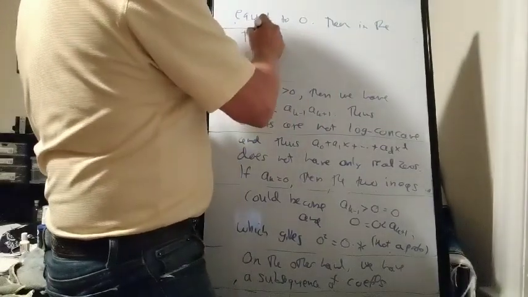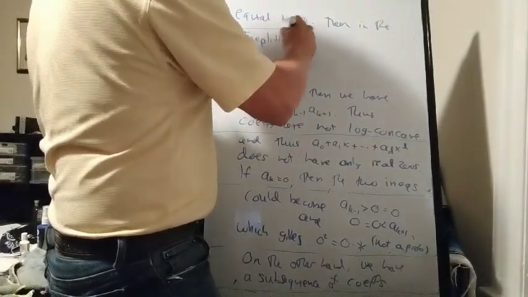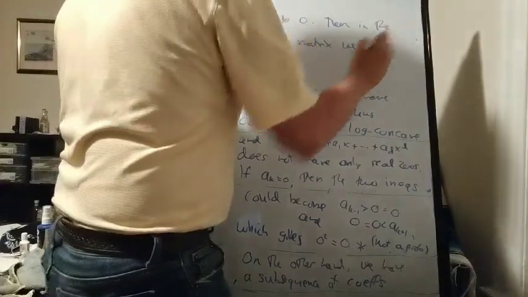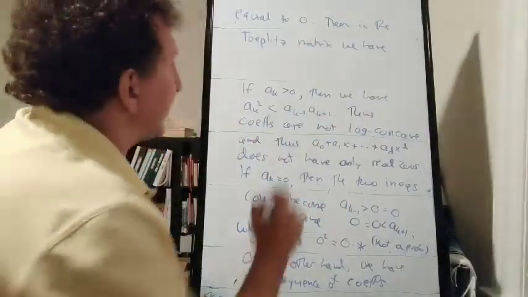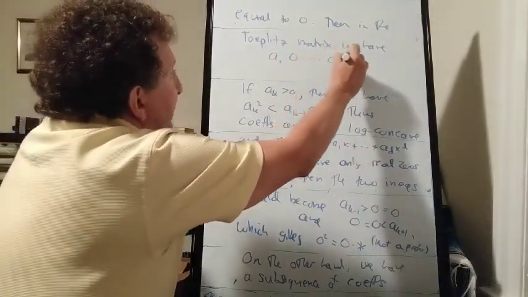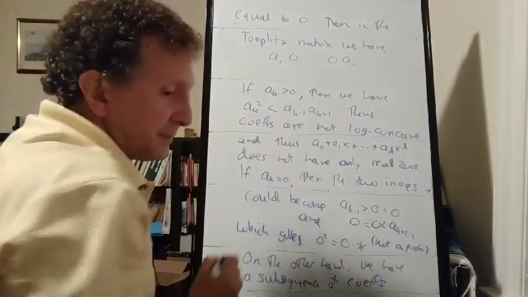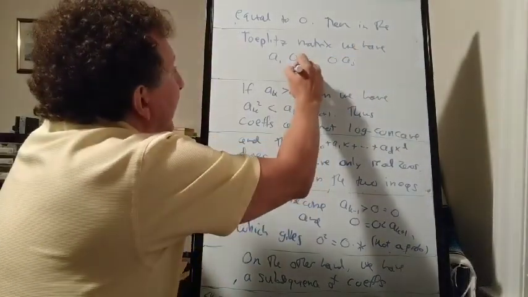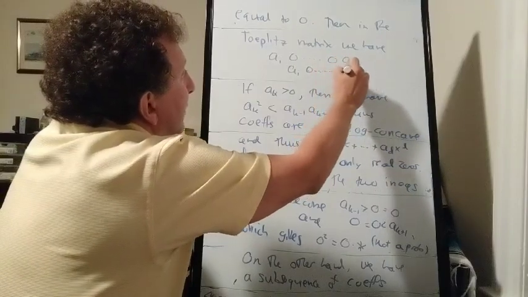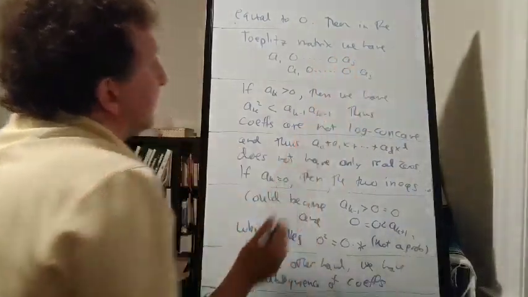Then in the Toeplitz matrix, we have something like ai, a bunch of zeros, aj, and then ai here, and a bunch of zeros, and aj there.